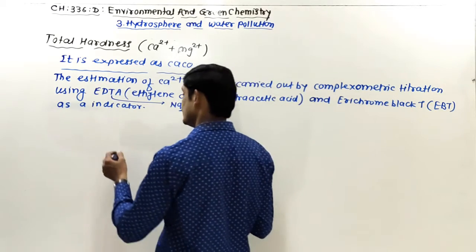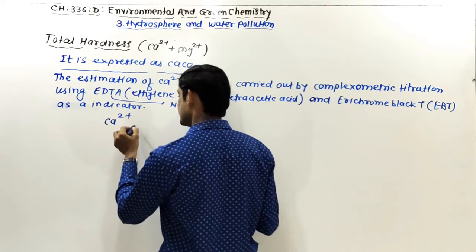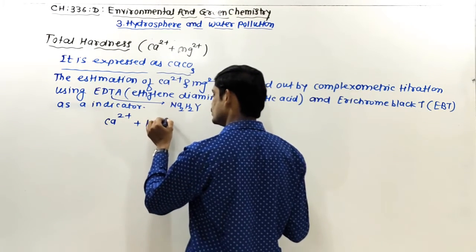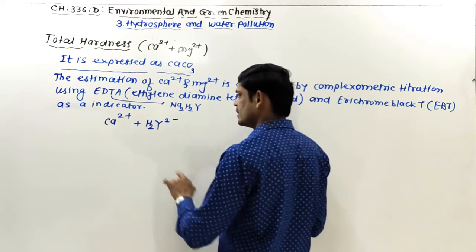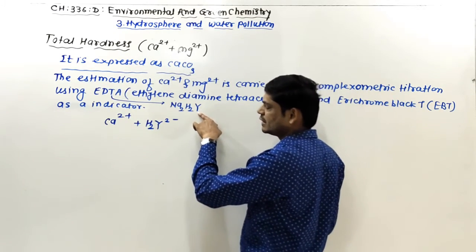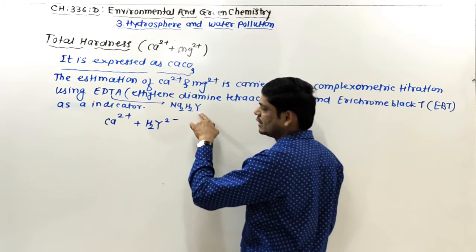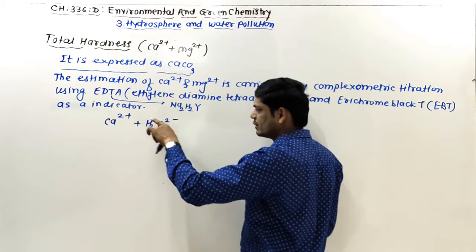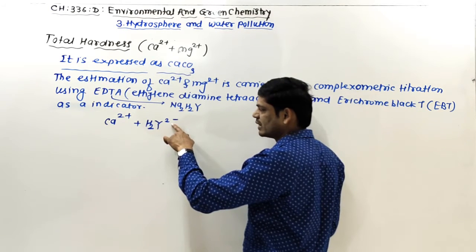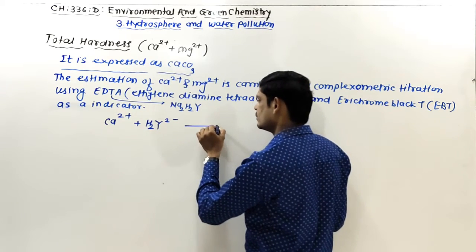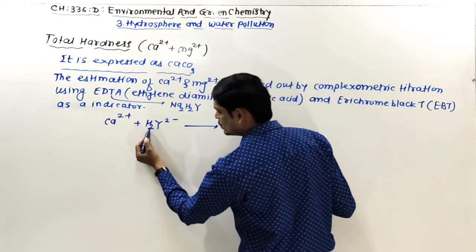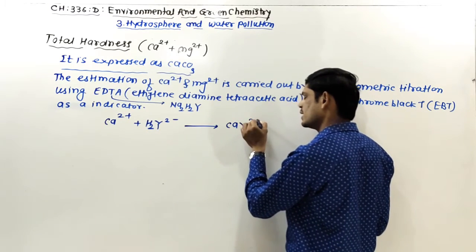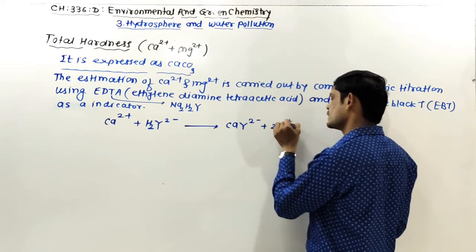The chemical equation will be: Ca2+ ion plus H2Y2-, because if we represent the EDTA as the disodium salt, the 2Na+ will be removed, so the rest part will have a 2- charge. The H2 is replaced by Ca2+. It means CaY2- plus 2H+.